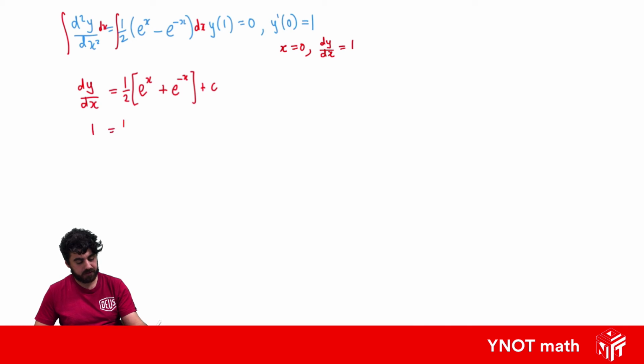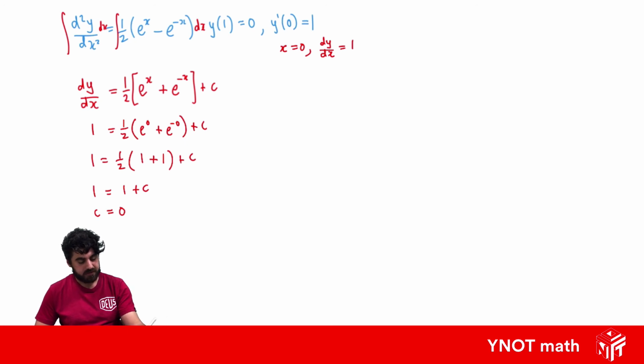So we get 1 equals a half times e to the 0 plus e to the minus 0 plus a constant. So we get 1 equals a half outside of 1 plus 1 plus a constant. So we get 1 equals a half times 2, which is 1, plus the constant, and minusing 1 from both sides, we get the constant equaling 0.